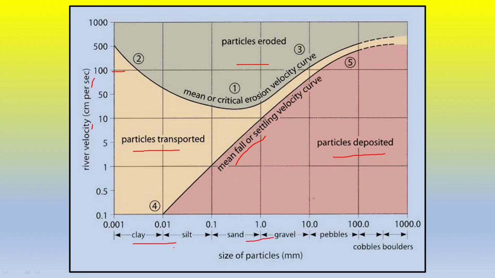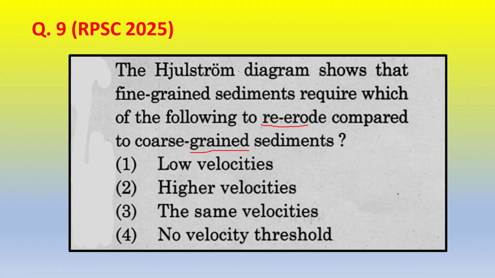Clay and silt have very high erosional velocity, while sand and gravel have very low. So from this diagram we can say that fine grain sediment requires very high velocity to re-erode compared to the coarse grain sediment.